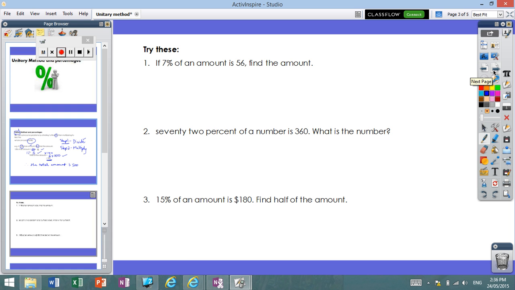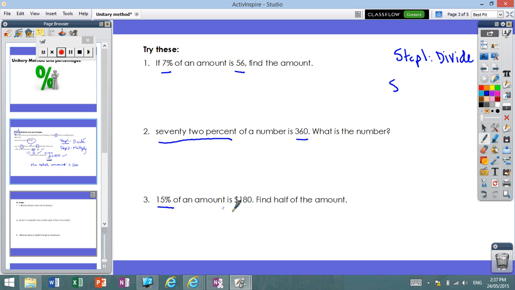So I know I've only given you one example there, but the most important thing when you now try these three questions is the two steps. Step 1 is divide. Use the numbers that they've given you to divide. So here 7 and 56. Here we've got 72 and 36.